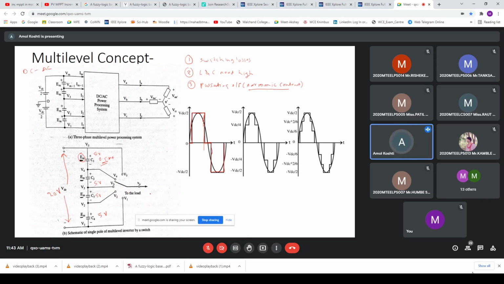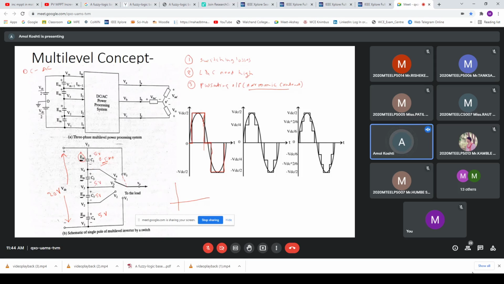Now I have to produce the multi-level output. To get it, I have to take the capacitors one by one into the circuitry. Suppose initially I take the C1 capacitor, which means this switch is now connected to this V5 point. How will the circuit be traced?